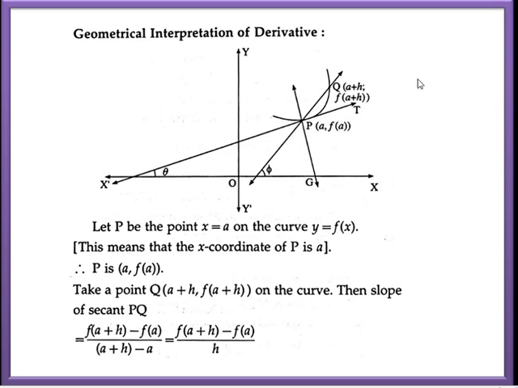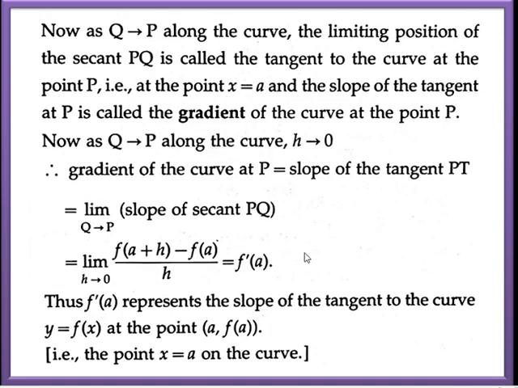Now if you draw a perpendicular at P, the point of contact, that is the point at which the tangent is drawn to the curve, then that perpendicular is called the normal to the curve. Now can you tell me what will be the equation of the normal? See, the normal also passes through this point only, (a, f(a)).